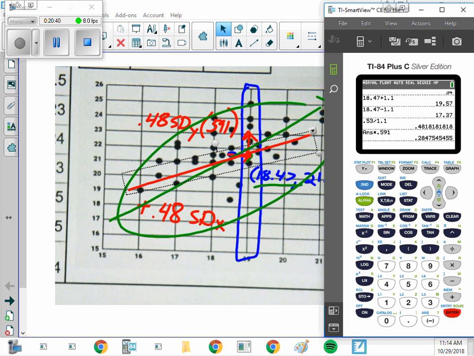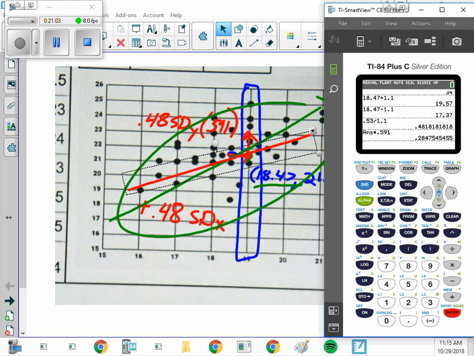Now, 0.28 is smaller than 0.58. Is that expected? Yes, because of the regression effect. The regression effect means the Y values are always closer to average than the X values are.